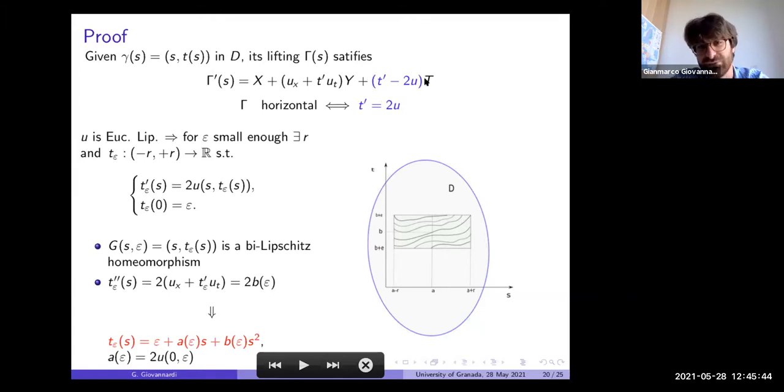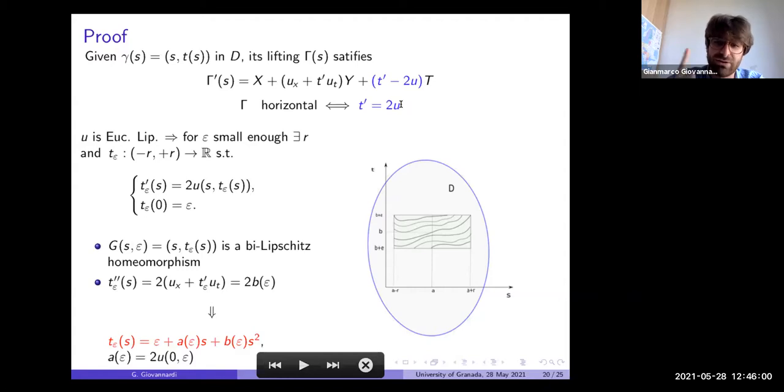If we want the curve to be horizontal, the term in the third component has to be equal to 0. So horizontal curves have to solve the ODE t prime equal to 2 times u.